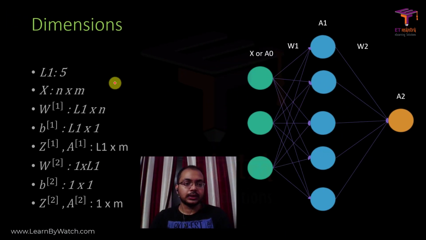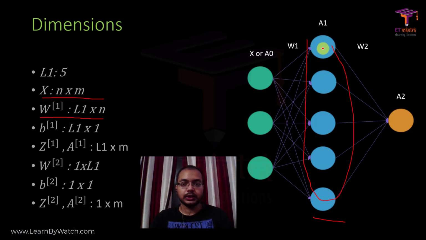Next we had discussed the dimensions. If you take the hidden layer to be 5 neurons, then x was n cross m, where m is the number of examples. We had seen how we find omega 1 by seeing the number of neurons in the next layer and in the previous layer. So here it is L1 and here it is n.